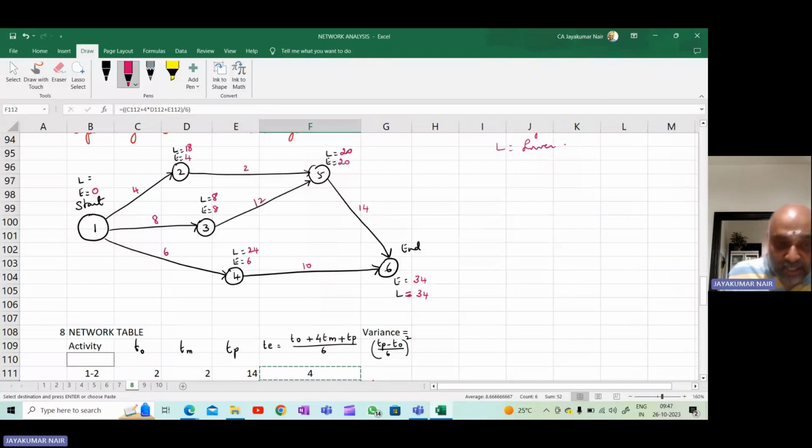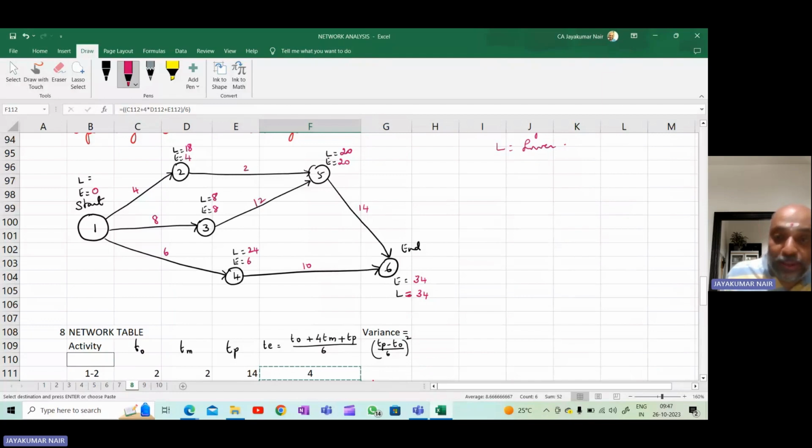And here it is 6, which we have already calculated. Now when you're going here, from 1 there are 3 arrowheads. So you have to see 18 minus 4, which is 14; 8 minus 8 is 0; and 24 minus 6 is 18.